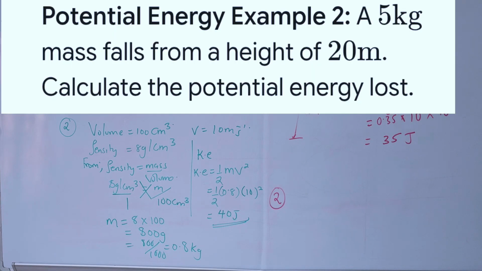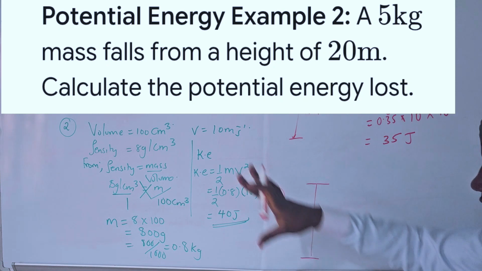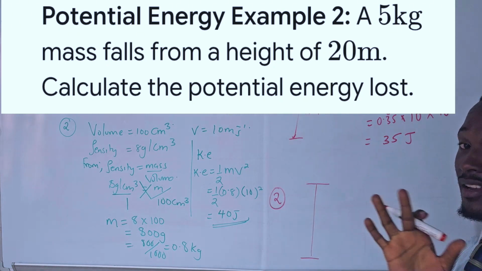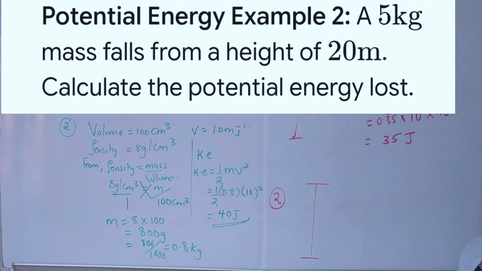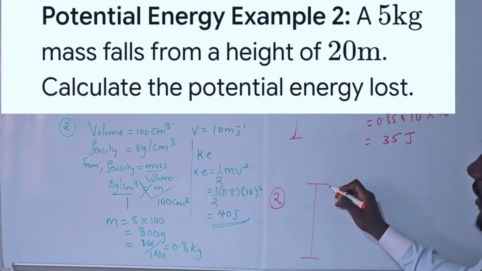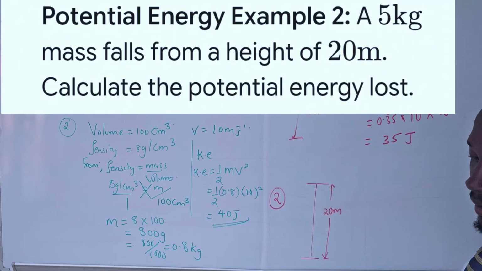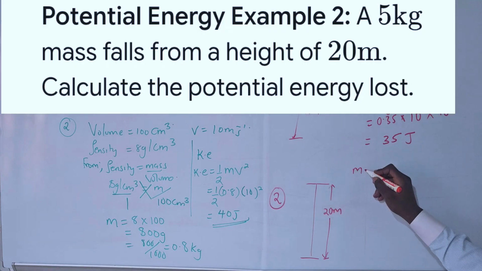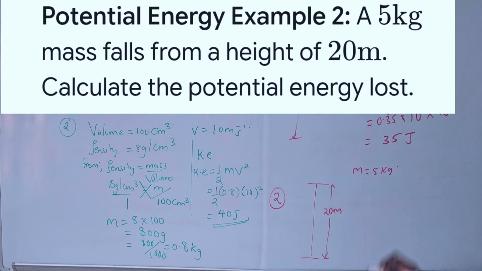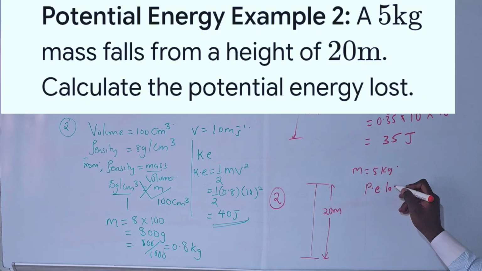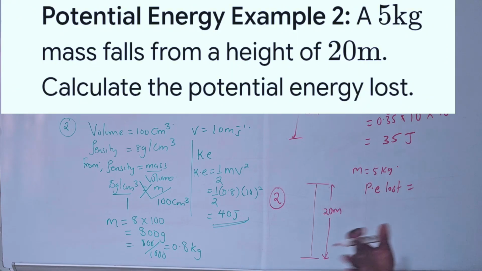A 5 kilogram mass falls from a height. We can do some simple sketch. Even in all those questions, you were allowed to do some simple sketches. It falls from a height which is 20 meters and the mass is 5 kilograms. Calculate the potential energy lost. So the next video we are going to talk about potential energy lost, kinetic energy gain.